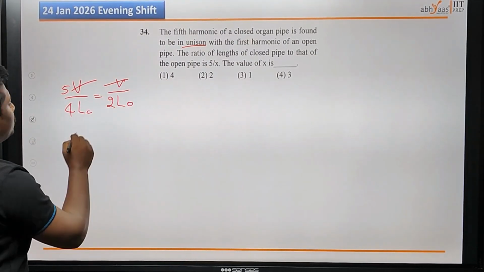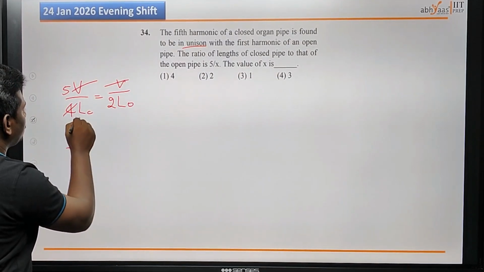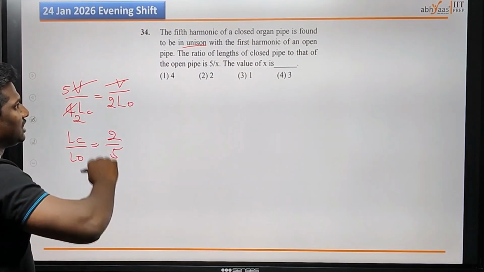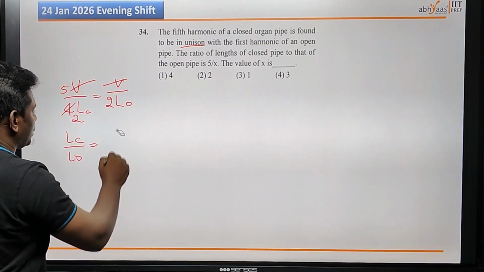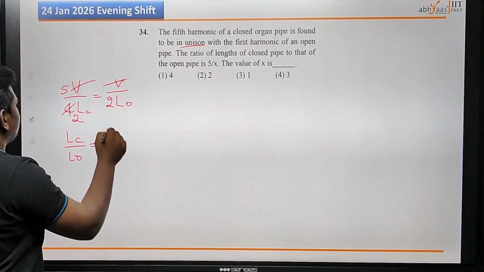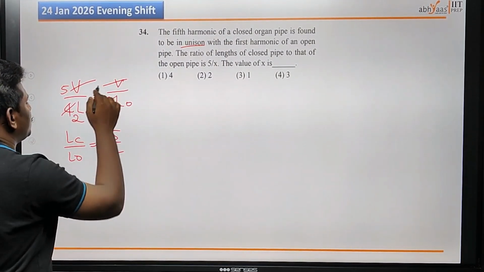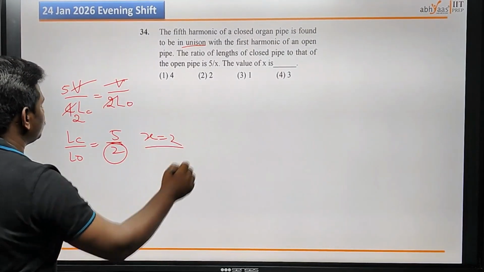Closed by open can be written as 2 by 5, which is nothing but 5 by 2 here. We are having 5 by 2. What is the value of X? X is nothing but 2.